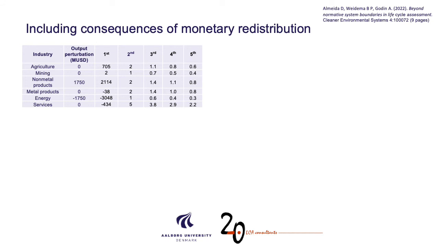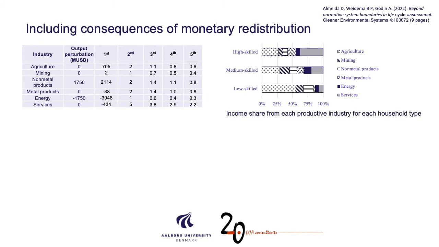Of course, in the first perturbation round, you will see some effects on the other sectors as well, because there is upstream to the non-metal products sector and upstream to the energy sector, there is inputs that are affected. This goes again on in the second and third and fourth and fifth and so on redistribution round. Now, the consequences of that for expenditures in the households depend on who receives the money.